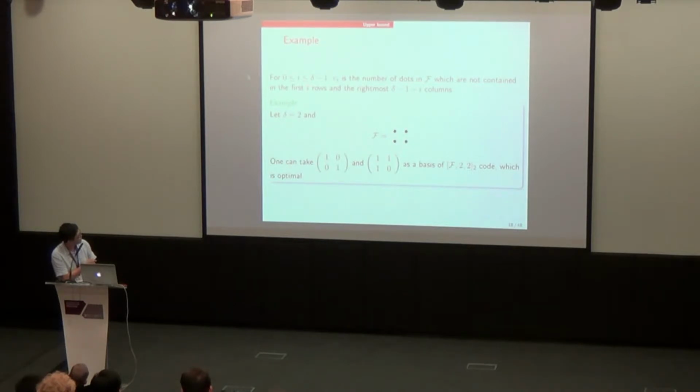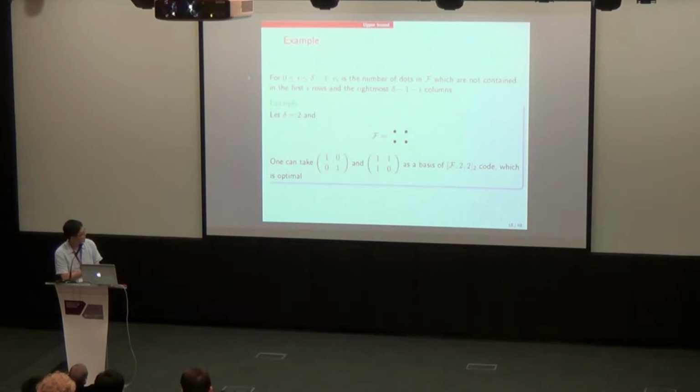Similarly, when i equals 1, we remove the first row, and 2 dots are left. So the upper bound of the dimension is 2. So from theory, the upper bound is 2. We need to find an example to achieve it. For this example, it is easy because all the codes we considered in this talk are linear.